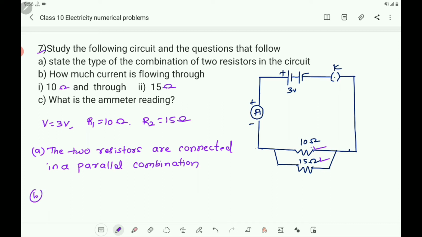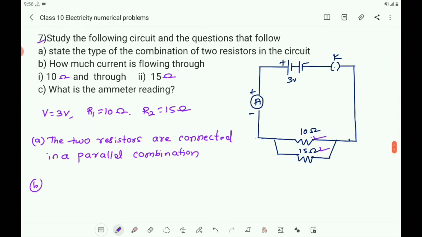Second, that is B. How much current is flowing through 10 ohm and 15 ohm? So you take the first one. Here R equals 10 ohm and V is 3 volt.